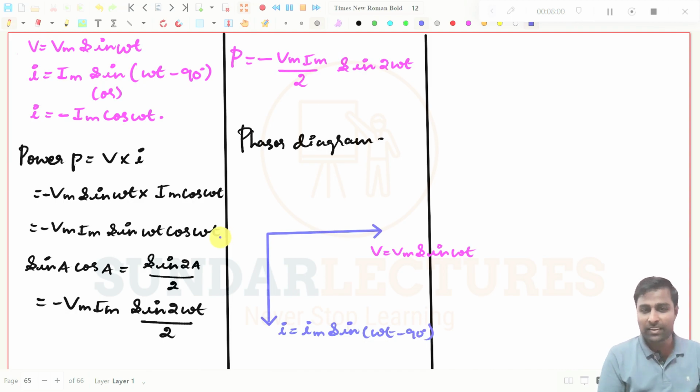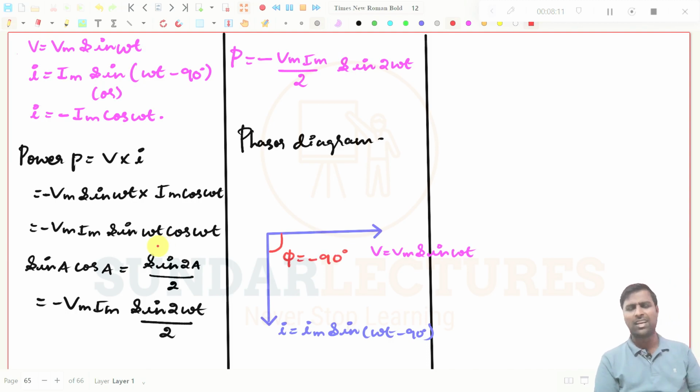This is the 90 degree value. And what is the angle between these two? Phi is equal to minus 90 degree. Or you can just write it as 90 degree, in the negative direction. If it is plus 90 degree, then this I will lie like this, right?